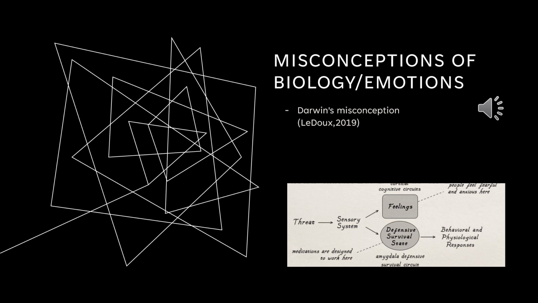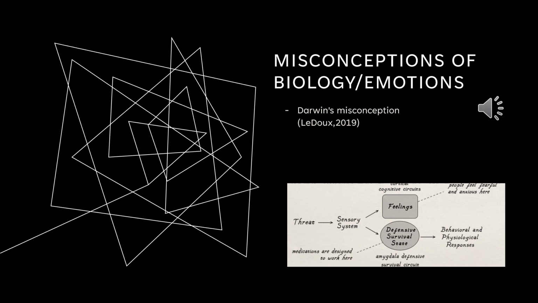And Darwin had presented that emotions are innate states of mind and that fear, for example, is a cause of responses. And the extensive research that has been done regarding the amygdala shows that it is actually not the fear center.